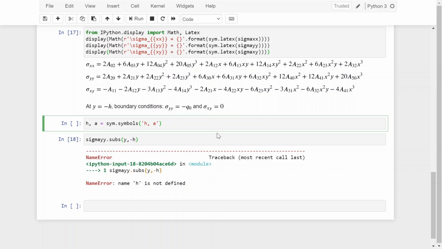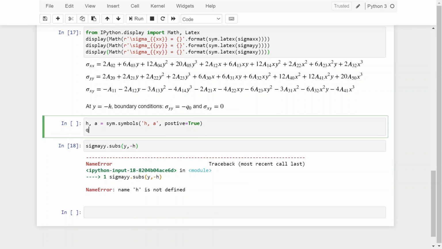However, we really want to be very sure of what we are doing here, so that there is absolutely no trouble later on. Since we know that both h and a are lengths and they are supposed to be positive, we can specify to symbolic Python that these are positive quantities using this syntax, positive equal to true.